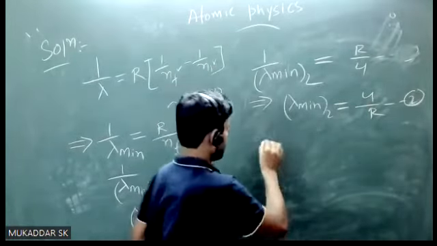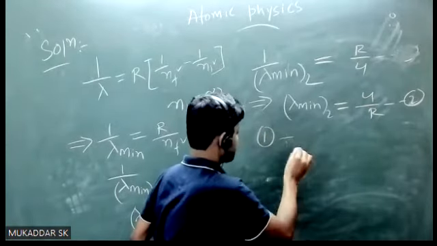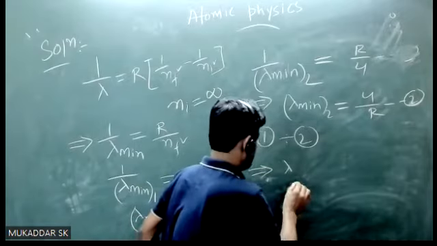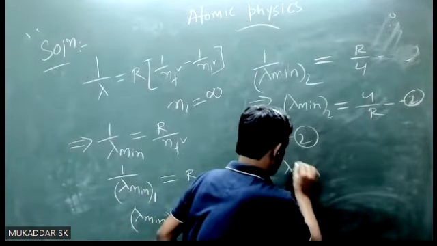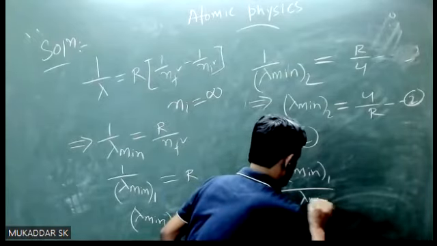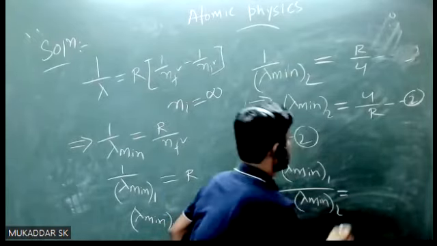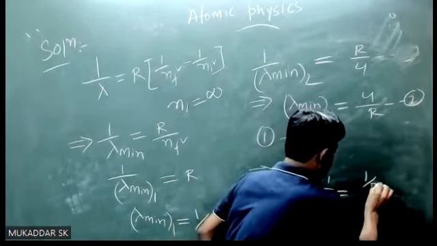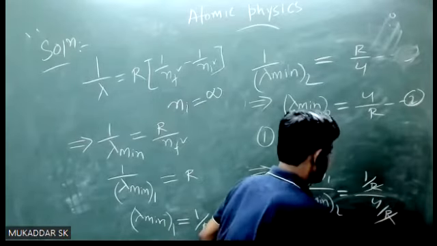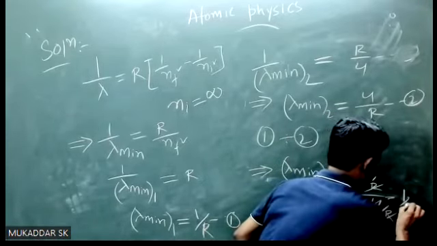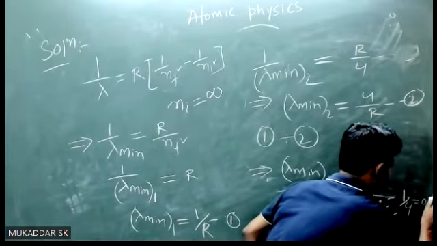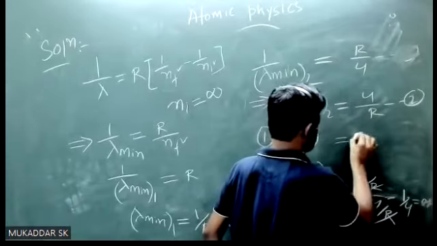Now if you divide equation 1 by 2, you will get lambda min 1 by lambda min 2, and that should be equal to 1 by R divided by 4 by R, and R will be cancelled, that is nothing but 1 by 4, right, and that will provide you 0.25.